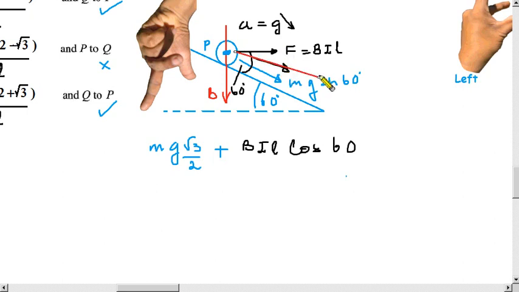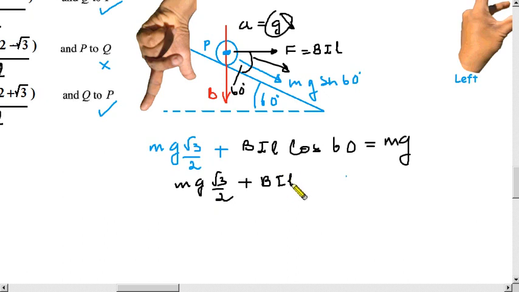So therefore cos 60 equals mg a, and a is g. So mg root 3 divided by 2 plus BIL cos 60, which is half.